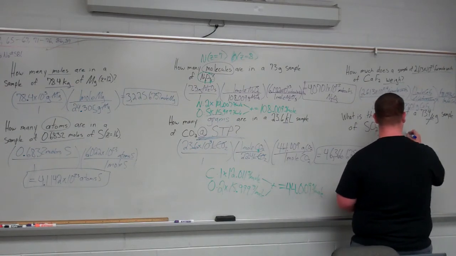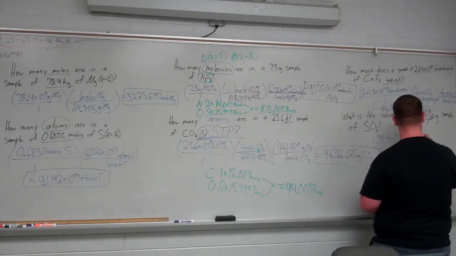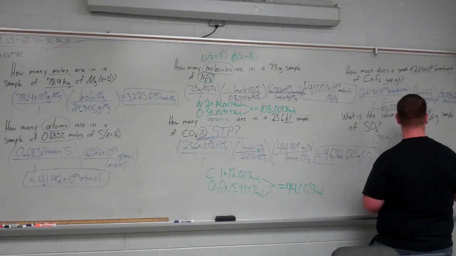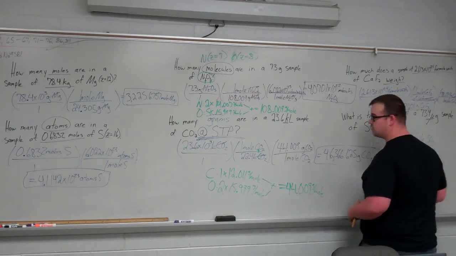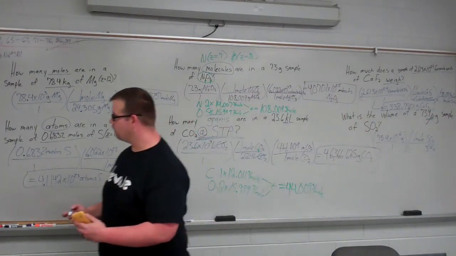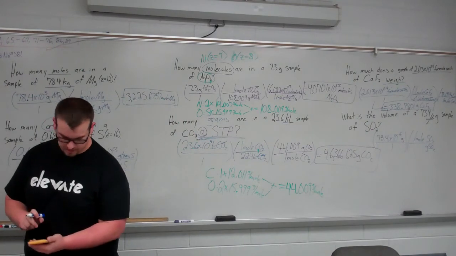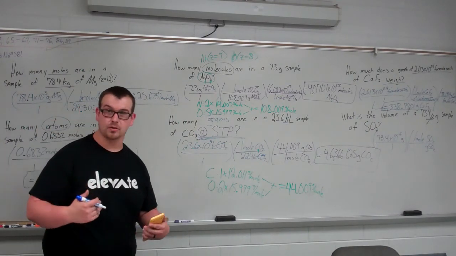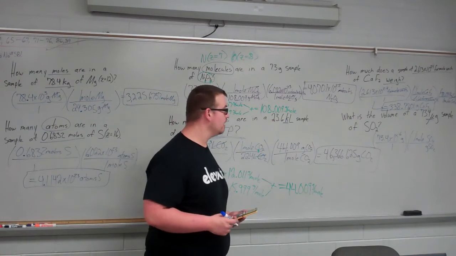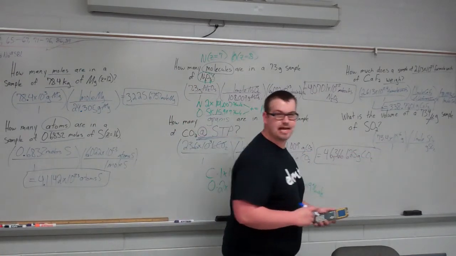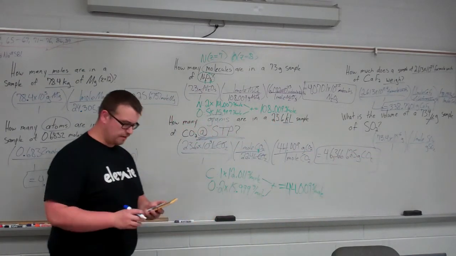That's over 1. I got to get it to moles, so 1 mole of SO2. And I need to divide it and cancel out the grams of SO2. You're going to calculate the molecular mass for the SO2 off of the periodic table information.